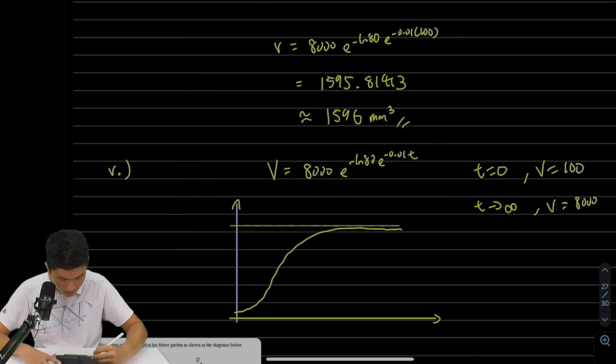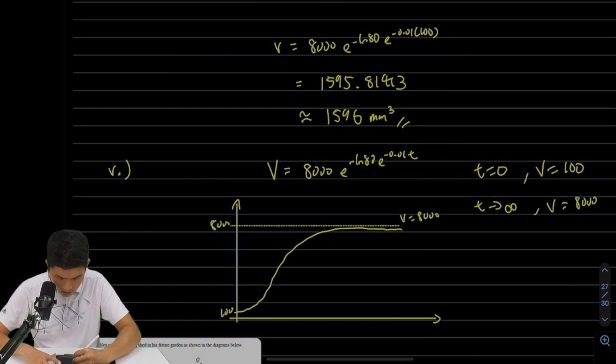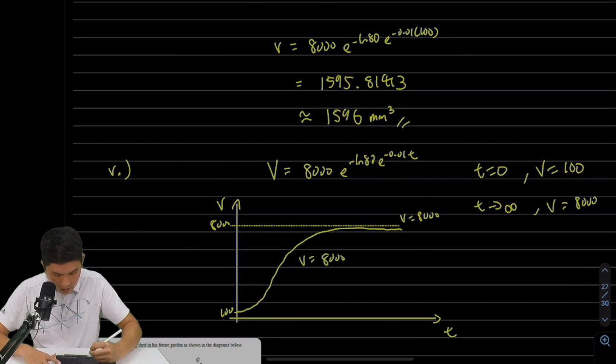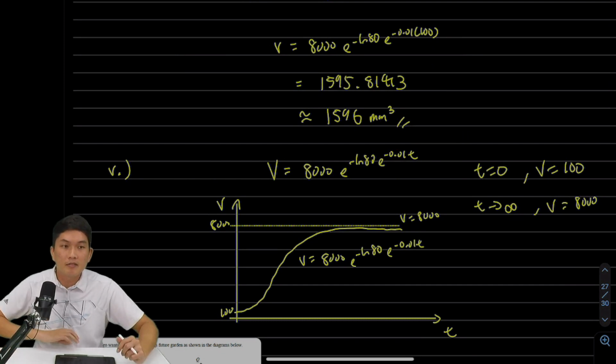Say this is V equals to 8,000. This is 100. This is V. This is t. Don't forget to label your graph. V equals to 8,000 e to the negative natural log 80, e to the negative 0.01 t. And that is part 5.